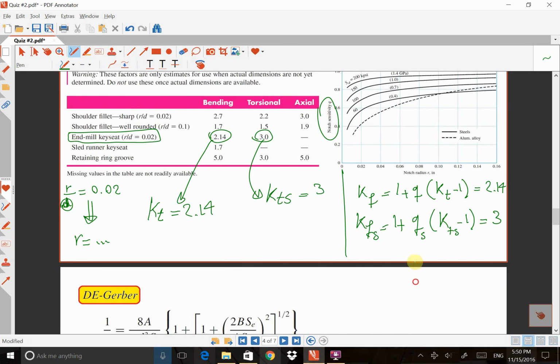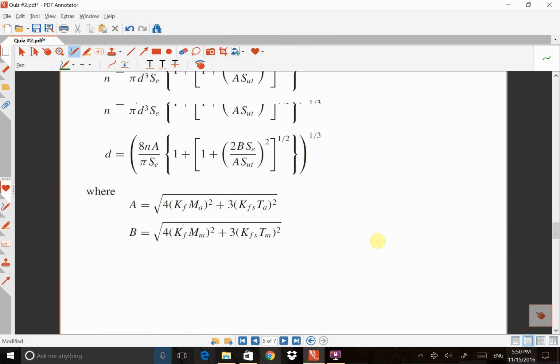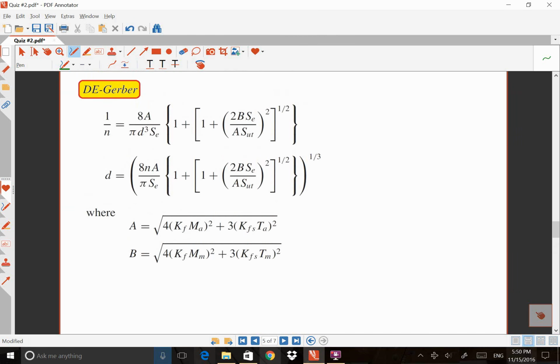Okay, now I can go to the criterion that I'm asked, and I can find whatever I'm asked to. Okay, here we're gonna use Gerber criterion, and we're gonna consider distortion energy failure in that.